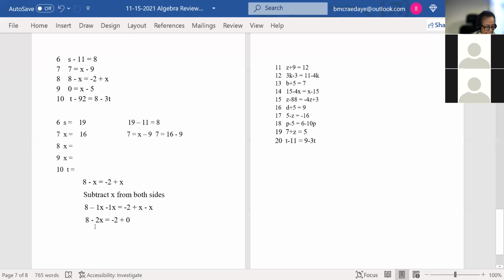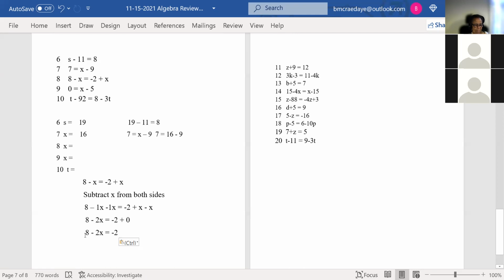Then what do we do next, Maureen? We need to get our 8 with our negative 2. How can I get that 8 over on the right side with the negative 2? 8 is connected over here by addition. 8 is added to this 2x.